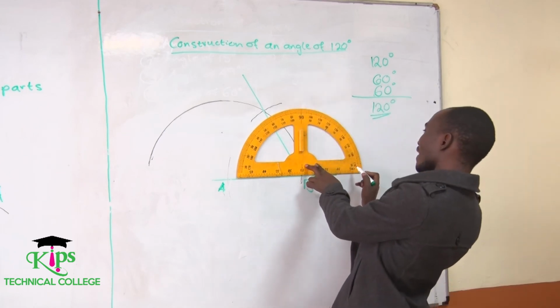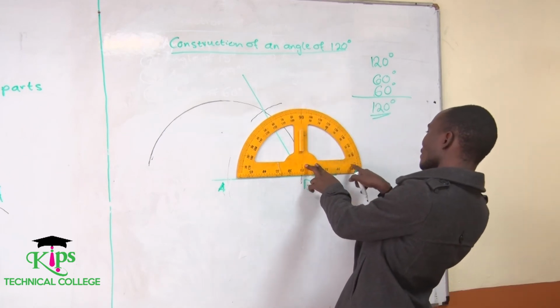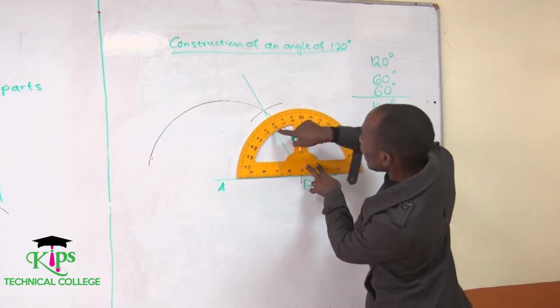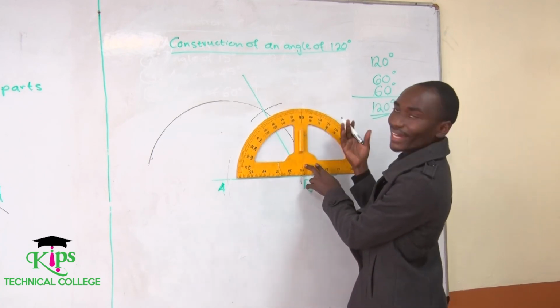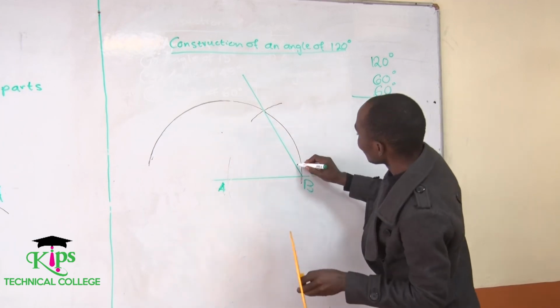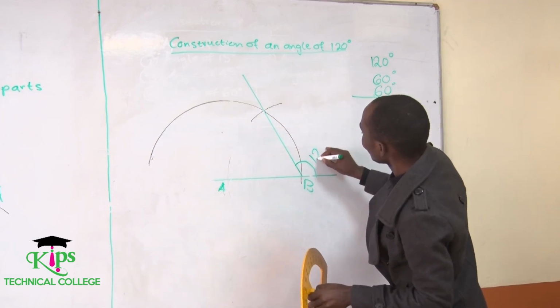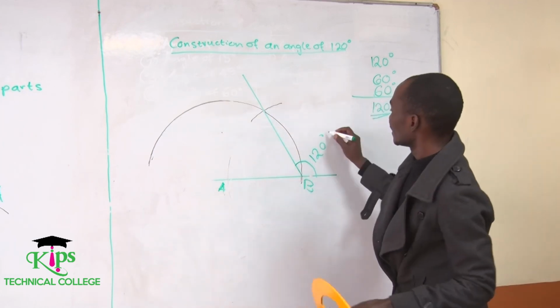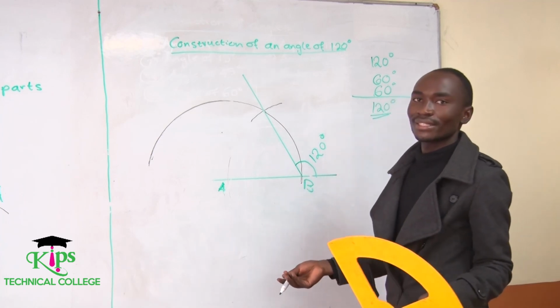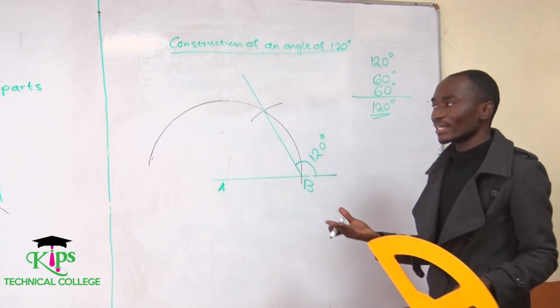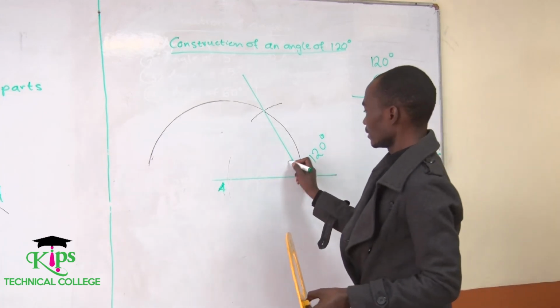Now from this other side, from now 0 to here, now you can see that it is 120. So this is 120 degrees. So that is how easy it is. So this is 60.